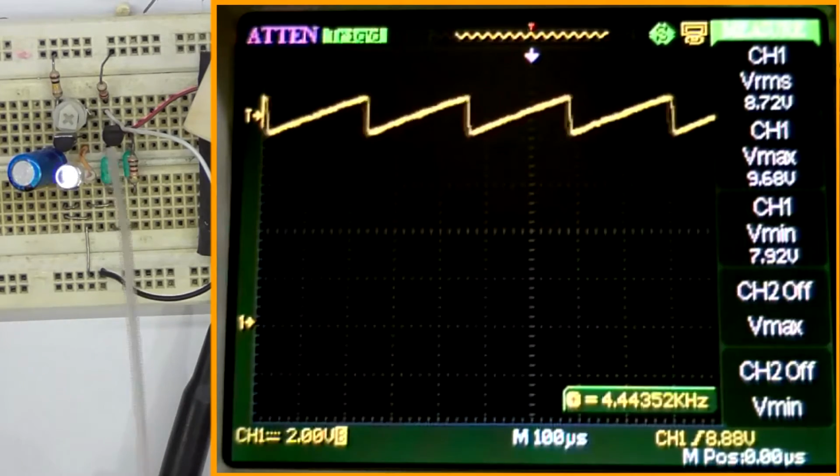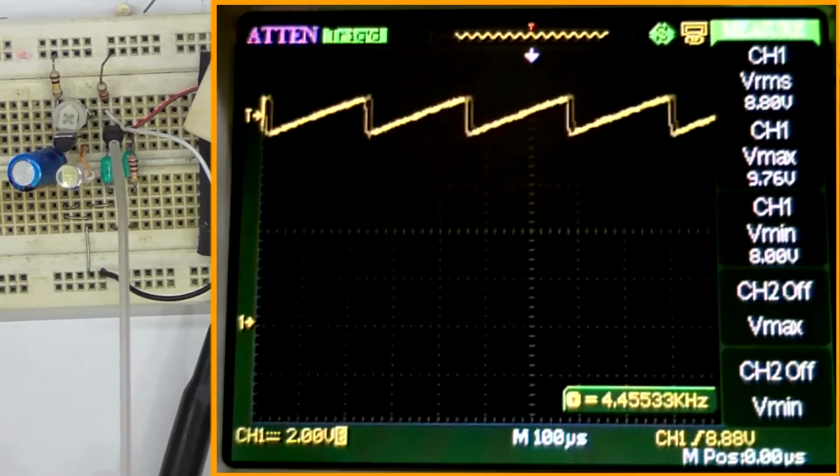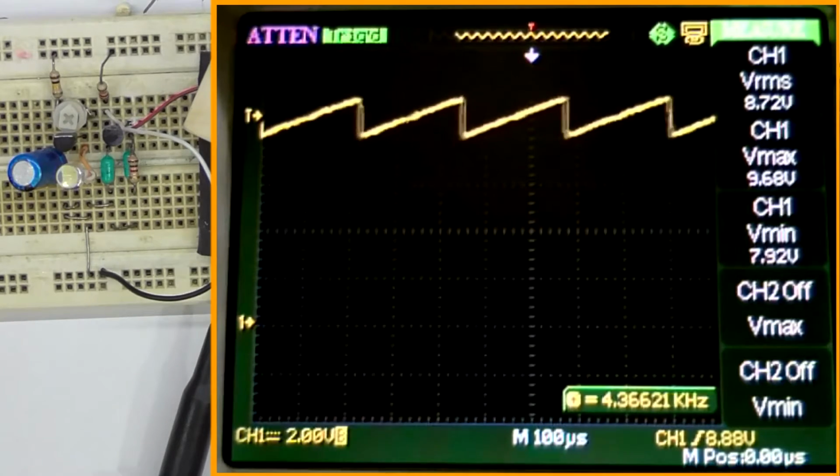Just hit it with a bit of freeze spray. So we're at 4.45 kilohertz. Drop down to 4.3.